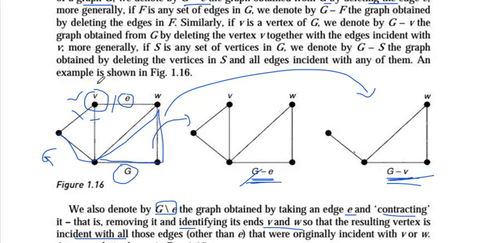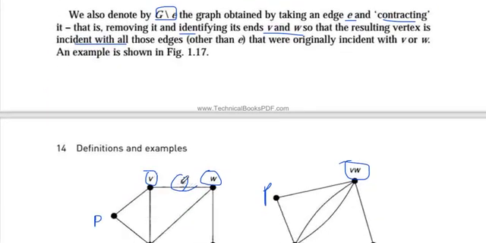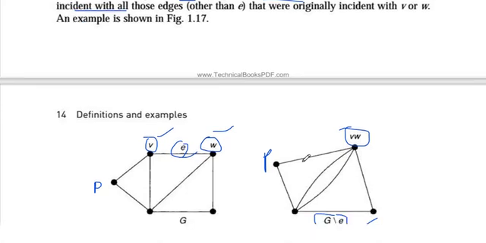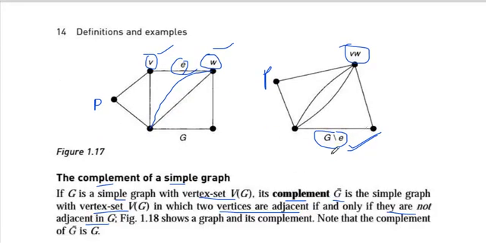If you delete a vertex, it's called G minus v. And if you remove an edge and merge its adjacent vertices into one, then you obtain the graph G per e. We have merged v and w vertices and made multiple edges with this vertex. So it's called G per e.